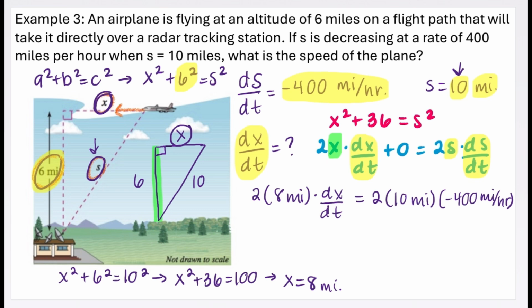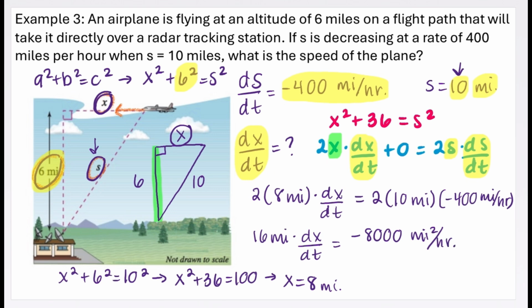All right, so I have 16 miles times dx/dt equals 2 times 10 is 20, and 20 times negative 400 is going to be negative 8,000, and that'll be miles squared per hour.